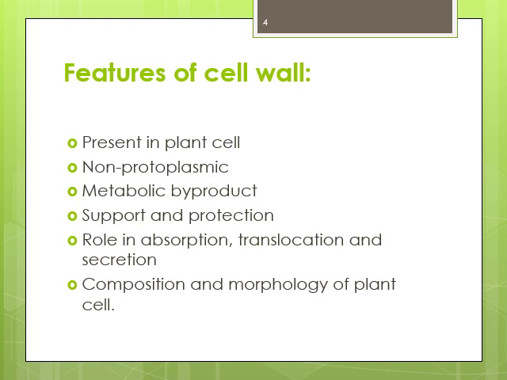As you know, in young plant cells the cell wall is thin and delicate, but in a large cell it becomes thick and strong. In addition to this, this is the major component of a plant cell, and it is a non-protoplasmic substance.